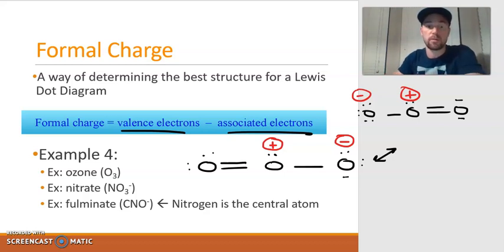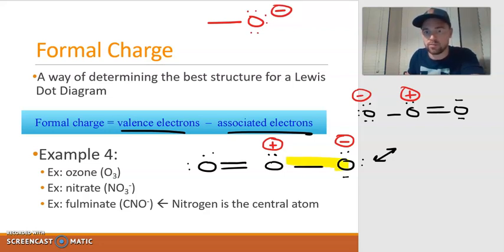Now, a couple things before we move on to the next one. First of all, some common trends. Oxygen is one of the most common elements. You will see it all the time. So this is important to note. When oxygen is singly bonded in the terminal position, it will have a formal charge of -1.